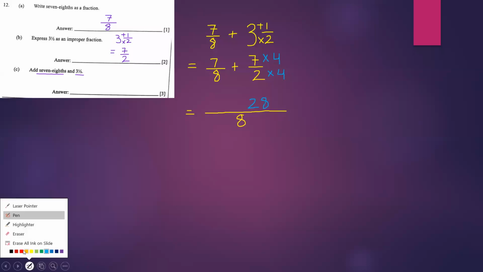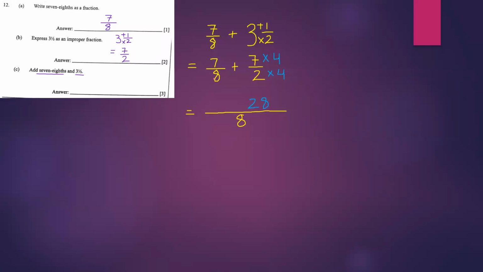Then what times 8 gives me 8? 1. So 7 times 1 is 7.